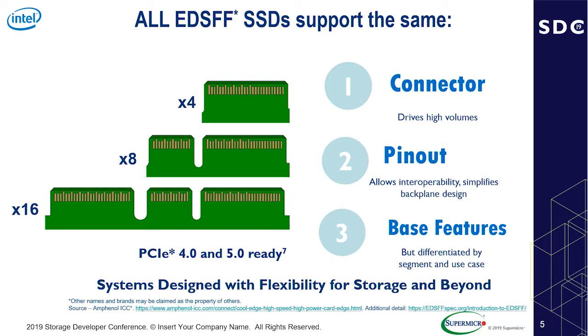So when you hear about E1.L or E1.S, they're always talking about a x4. If it's a 2, E2.L would be a x8, and E3 would be the larger one. And this is primarily for like the 3-inch form factor that we're not going to talk about. But it's out there.